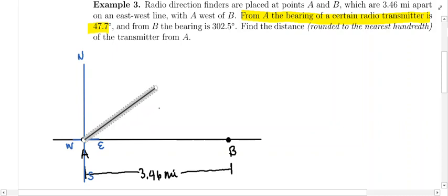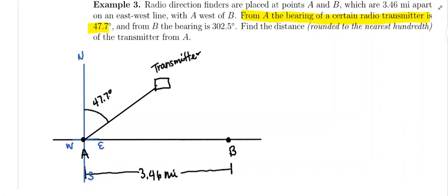Here's the radio transmitter. This is the transmitter, and this angle from due north to this black line is going to be 47.7 degrees. All right, that's all we really get out of the yellow statement.